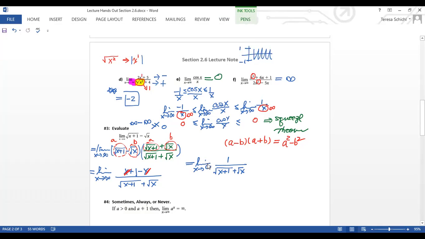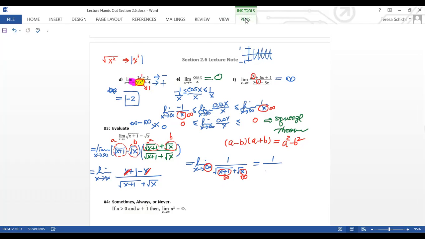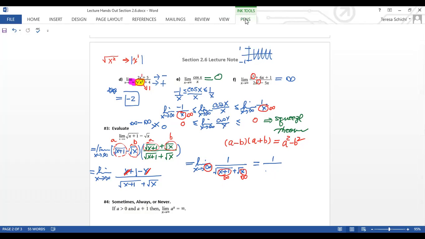When you put x equal to infinity over here, what is this one going to be? This is going to be infinity. This is going to be infinity. So I have something very similar to infinity plus infinity, right?